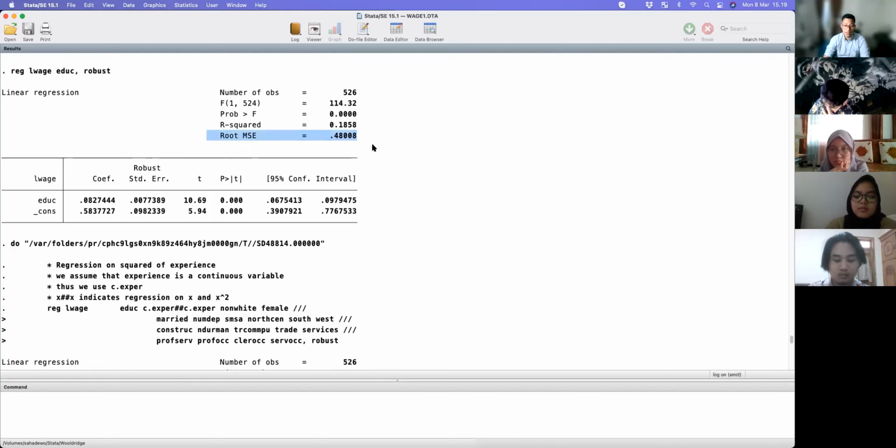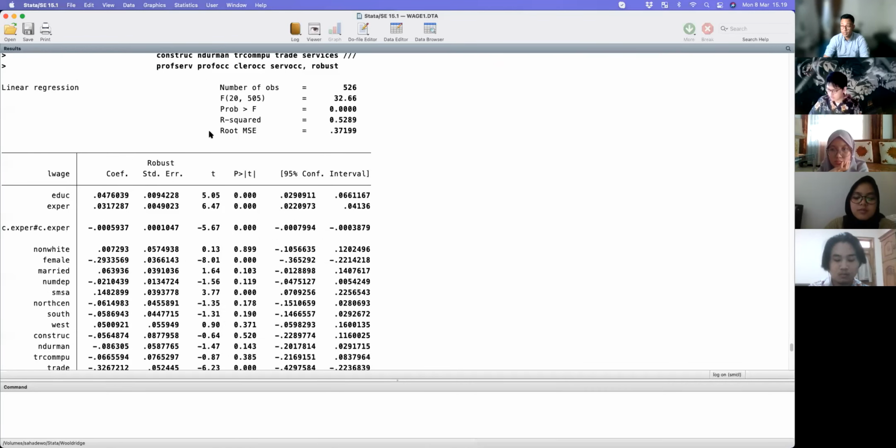In the initial regression, the root mean square error is 0.48. However, after you include additional regressors, the root mean square error decreases to just 0.37. So if you add additional regression variables, it could reduce the error and improve the precision of the estimate.